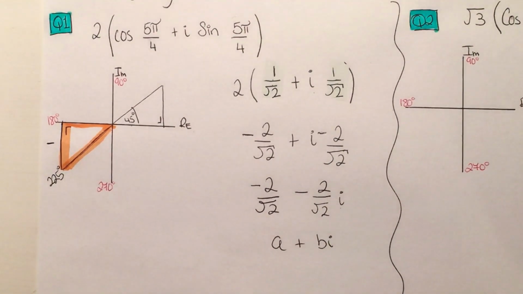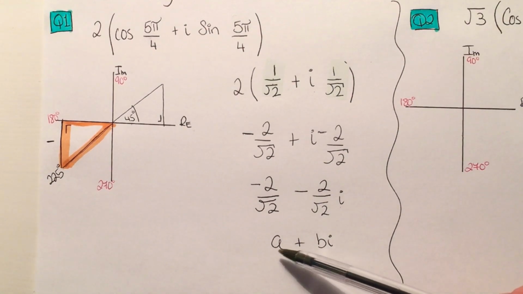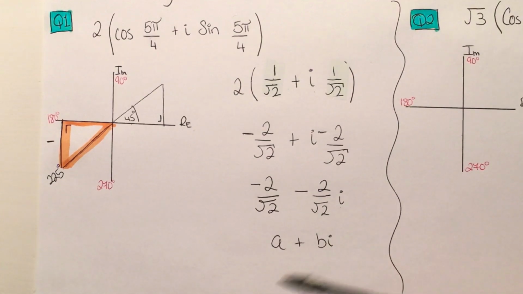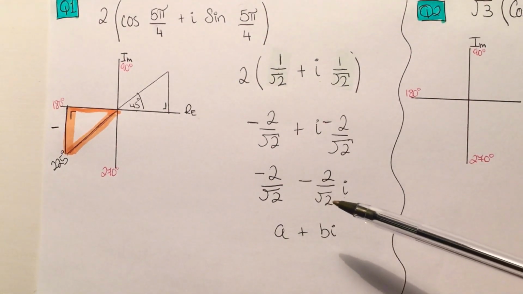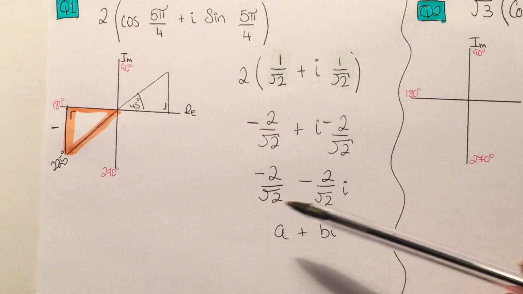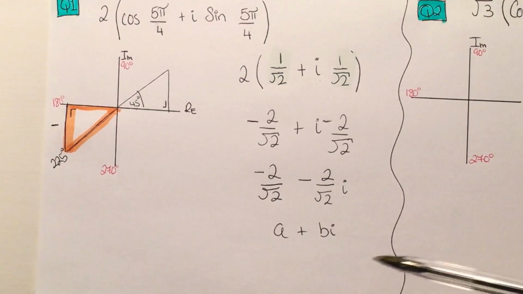But if we multiply by the denominators here, we could get it into single format of a plus bi. Now it won't always work. Sometimes you're just going to get a fraction, but here I think it will. So we've got root 2 as their denominators, and they match, which allows us to do this.